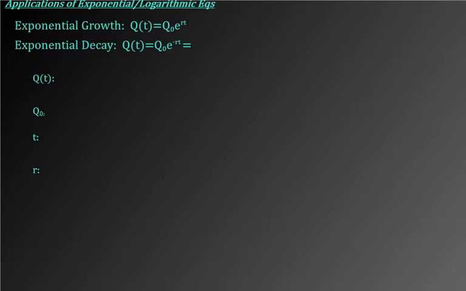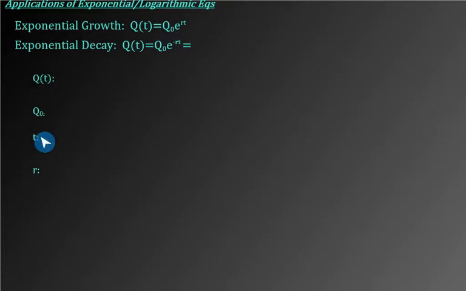All right. So the main thing for today, like I said, is to talk about applications of exponentials and logs. And the two basic equations that you get are given right here. So there's a basic exponential growth equation that is just a function Q of t. So it's a function of time.